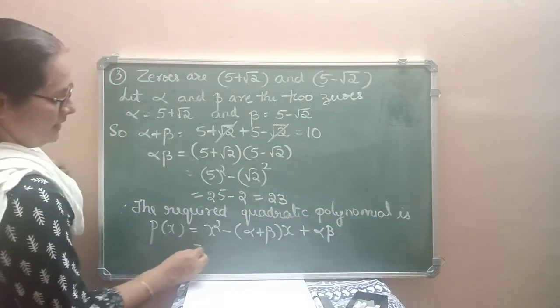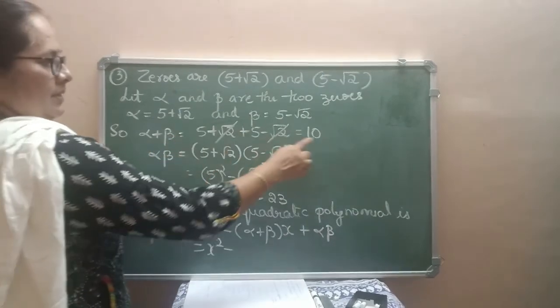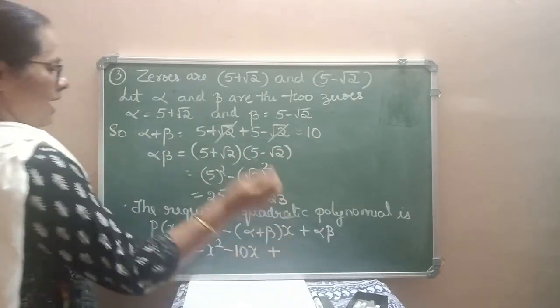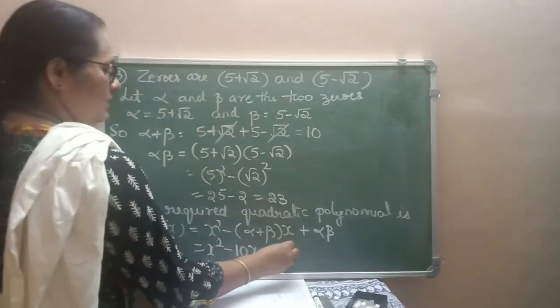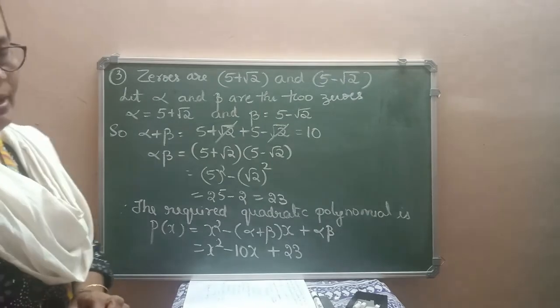So that is x square minus alpha plus beta, which is 10, minus 10x, and product of the zeros is 23. So this is the required polynomial.